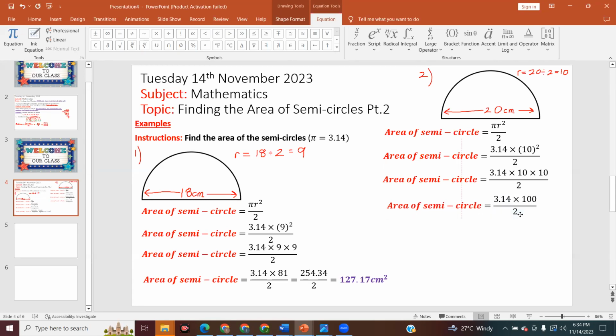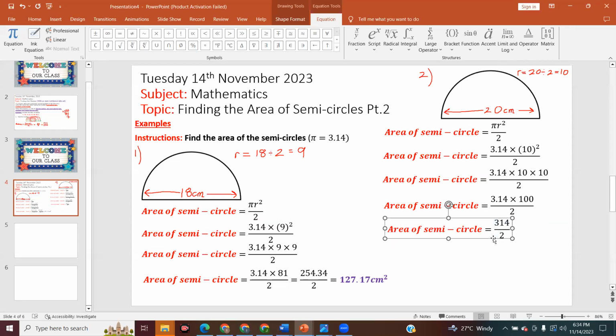So we have 3.14 multiplied by 100. And what is 3.14 multiplied by 100? That's going to be what? 314. Very good. And we have to divide 314 by 2. It gave us 157.